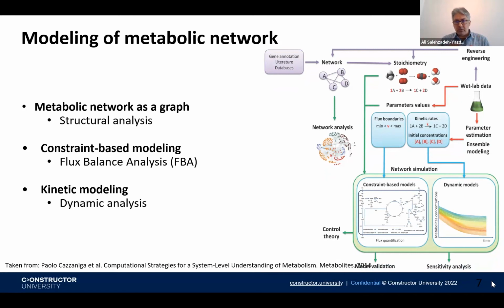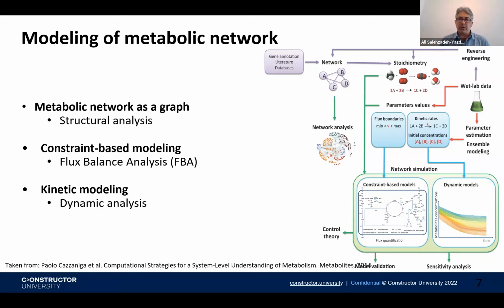So we construct the network and run different analyses on it to find out, for example, the most important node, which could be a drug target or biomarker, or we look for motifs.